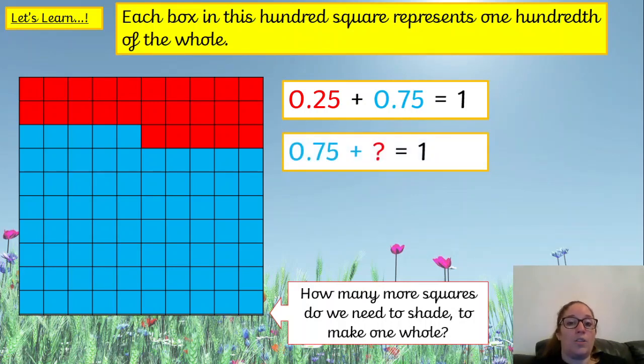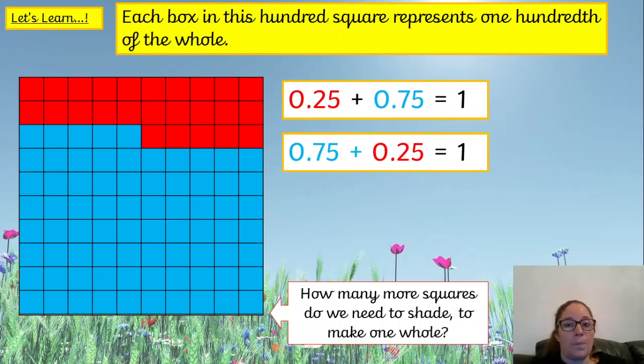Okay, using your related number facts, how else can we write this addition? So 0.25 plus 0.75 equals 1, which is the same as what? 0.75 plus 0.25 is 1.